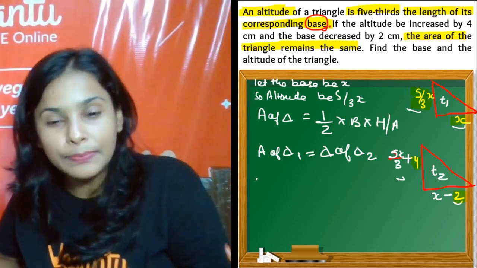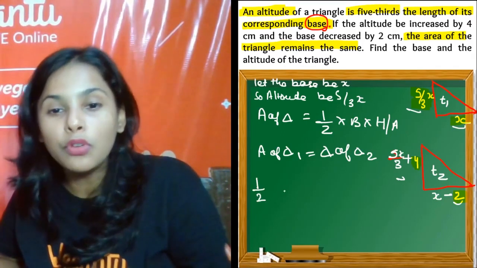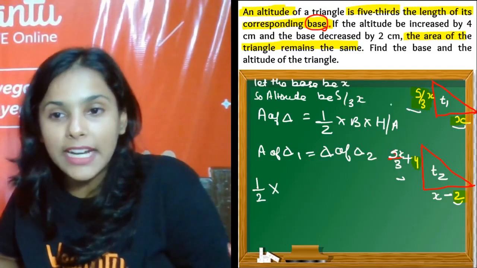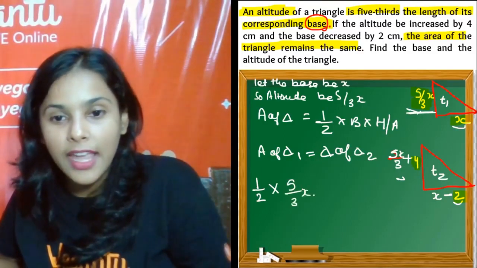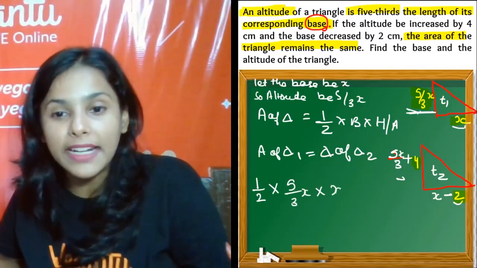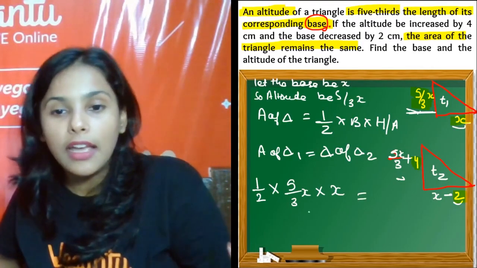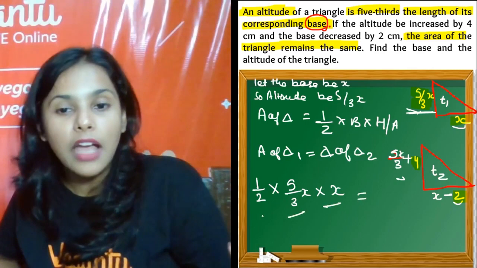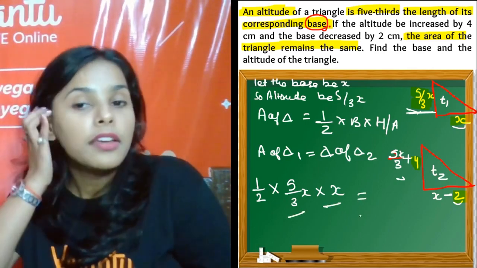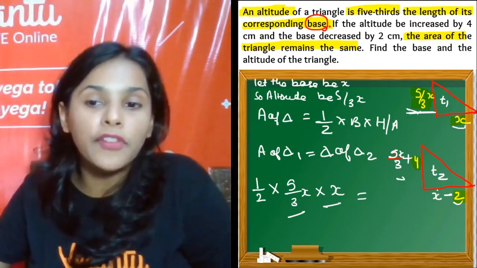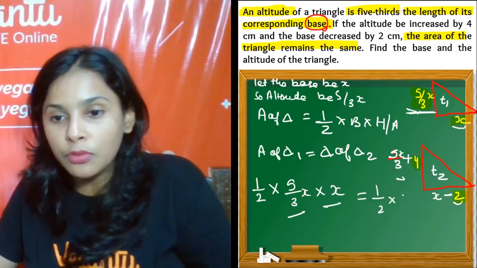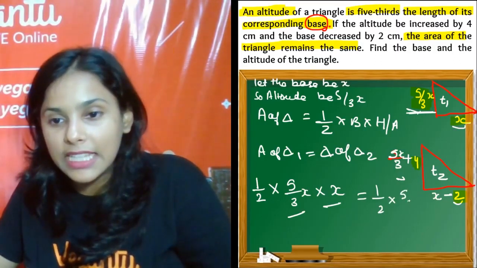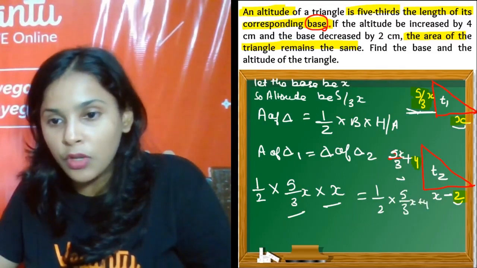So let's quickly make the equation by writing down the formula. It became 1 by 2 of base, that is x, into height, that is 5 by 3x. Altitude into base, half into altitude into base. Now quickly find out the area of triangle 2: 1 by 2 into 5 by 3x plus 4.